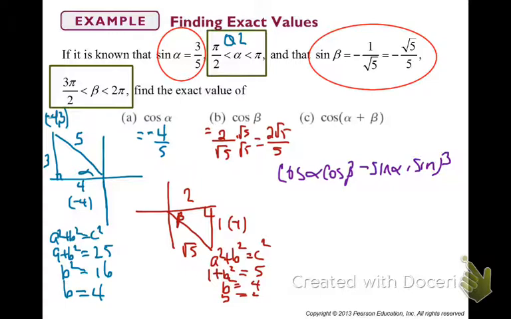So now all you guys need to do is just replace in the values. We found cosine of alpha to be negative 4/5. We found cosine beta to be 2 square root of 5 over 5.